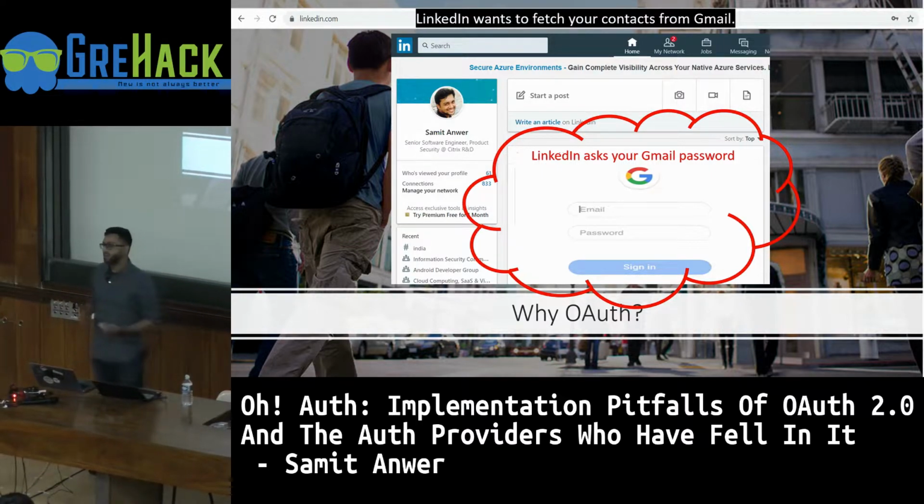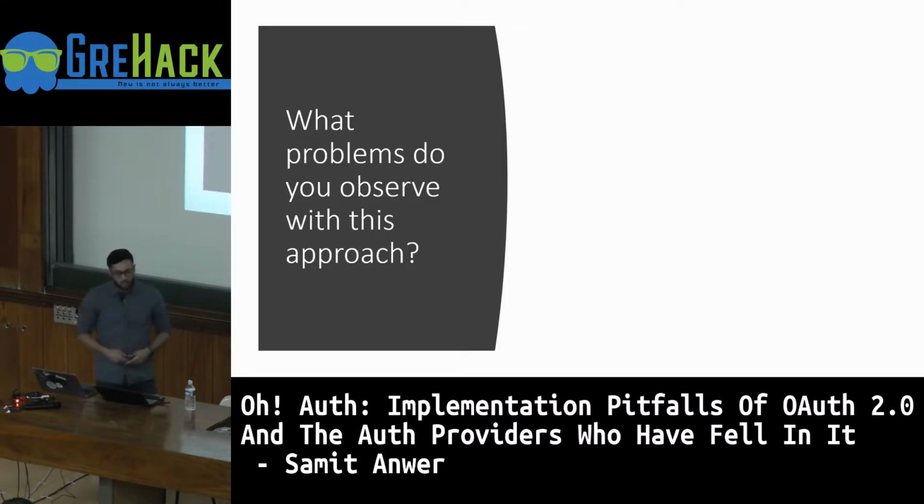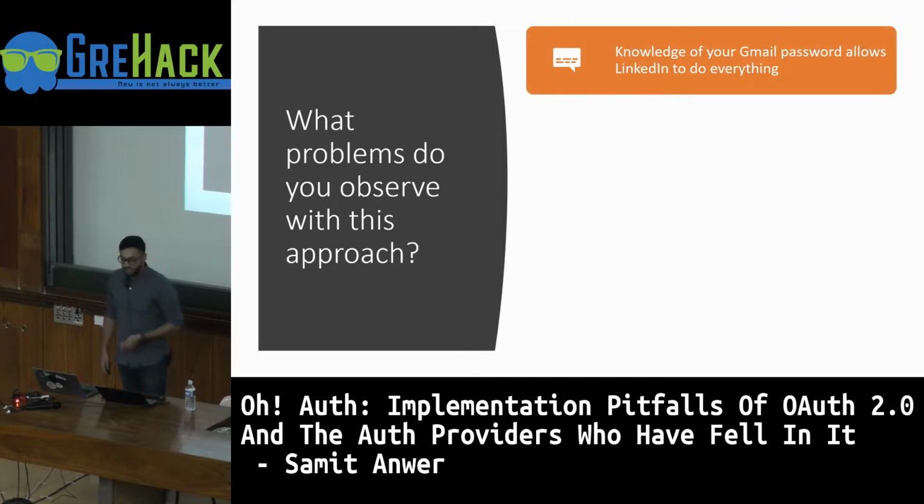You shouldn't be sharing your credentials with a third-party application. What are the problems that you see? Why is it a silly idea? Because the knowledge of your Gmail password allows LinkedIn to do far more than just fetch your contacts. It can log into your drive, scan your photographs, and do pretty much everything that you would do with your credentials.